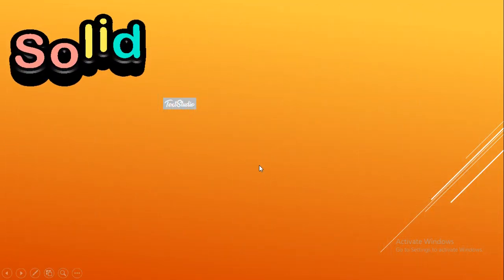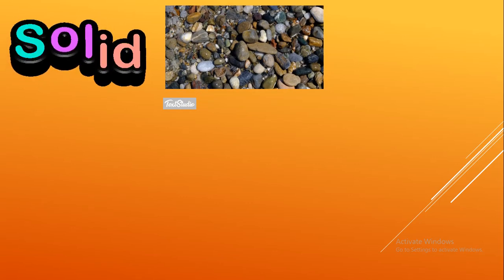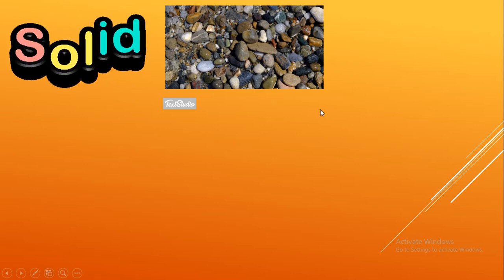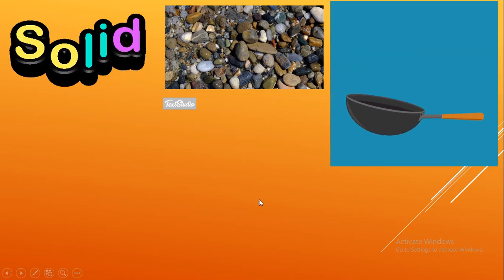Now, let's talk about each state in detail. Let's begin with solids. Now, I have some examples here of solids. Rocks. This pan.